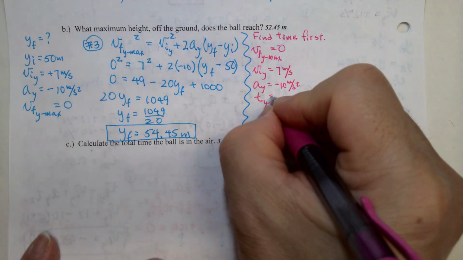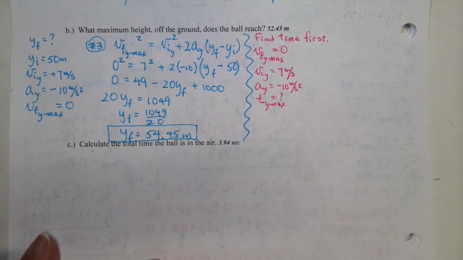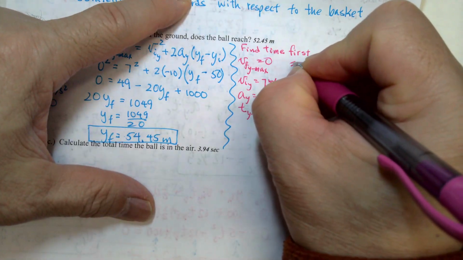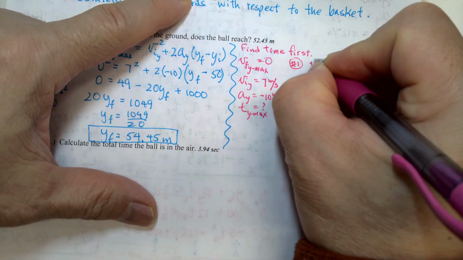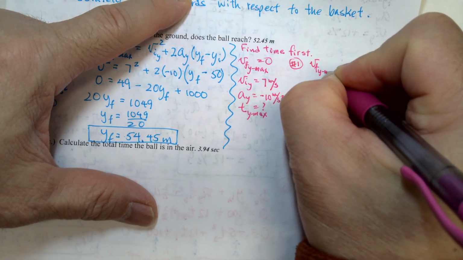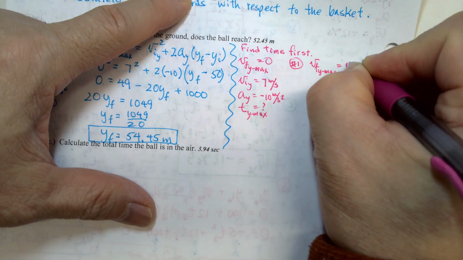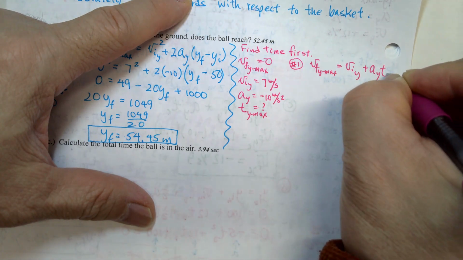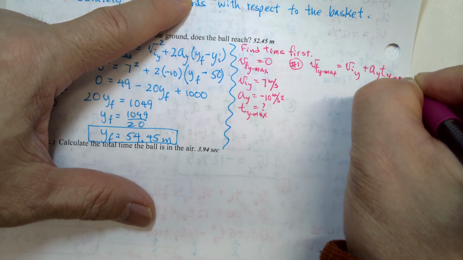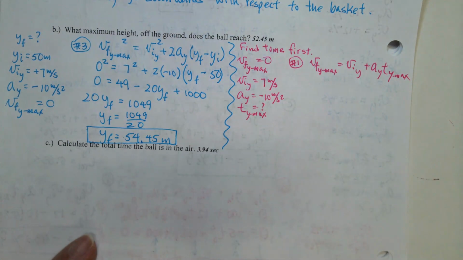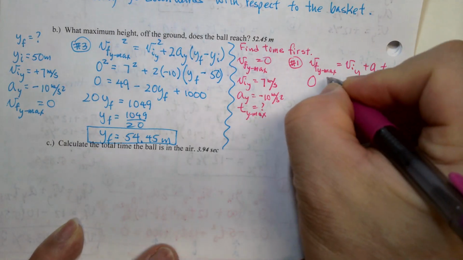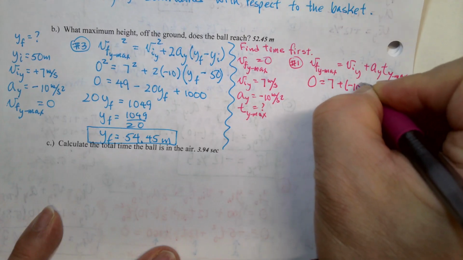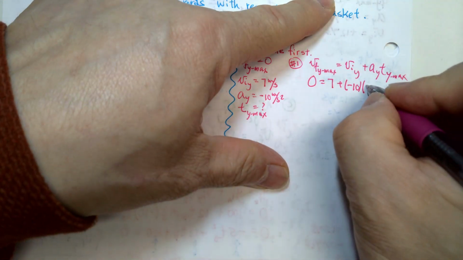I can definitely do that using equation number 1, which is VFY max is equal to VIY plus A sub y times TY max. So here again, this is 0 is equal to 7 plus negative 10 times TY max.